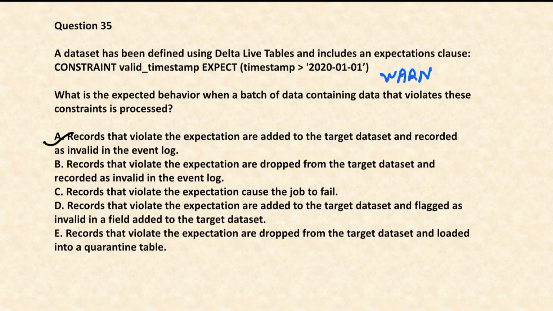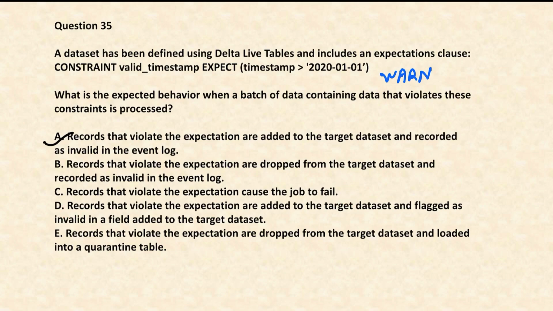But let's see what the rest of the options are. It says records that violate the expectation are dropped from the target dataset and recorded as invalid in the event log. They are not actually dropped. When you have a drop, then it is actually dropped. Then records that violate the expectations cause the job to fail. No, when you have a fail, it actually does the fail.